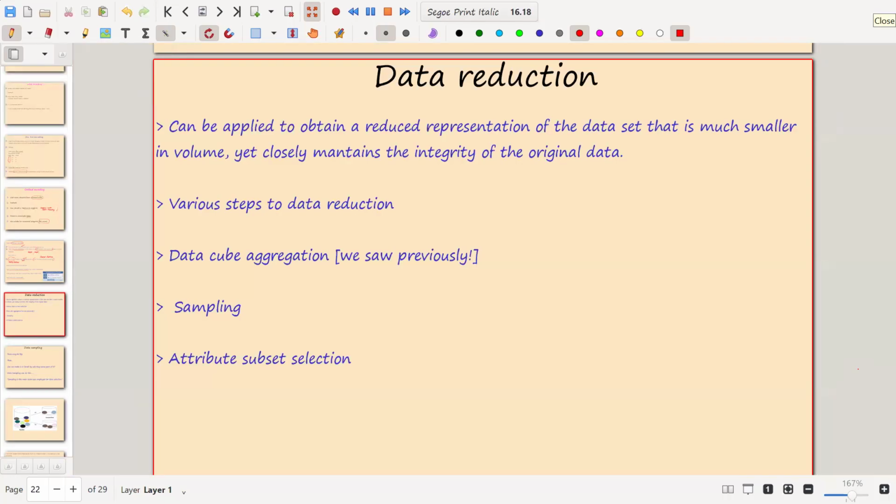So you have to choose the most important features of your dataset, so that even if you take those features, it will represent almost similarly to the old dataset, right? That's the logic behind data reduction.